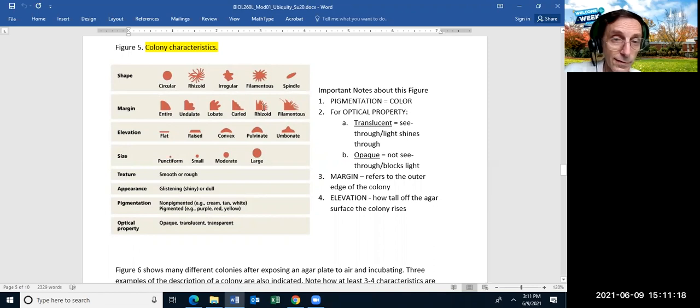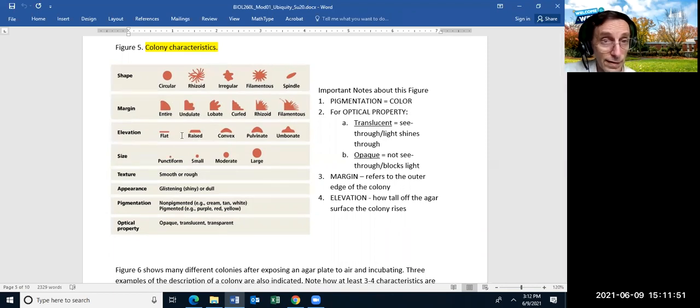And if I'm going to ask you about how to delineate these, I will not ask you to separate undulate from lobate and curl, because that's too difficult. I would ask you to separate entire from one of these three. And I would ask you to separate these two from these three and from this one. Okay? Any question about colony characteristics?